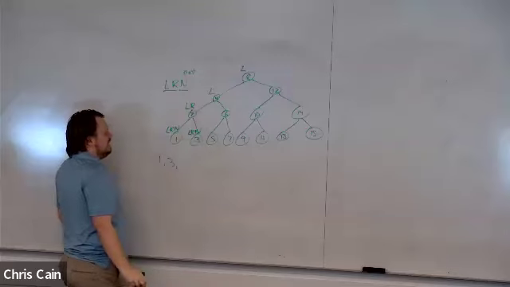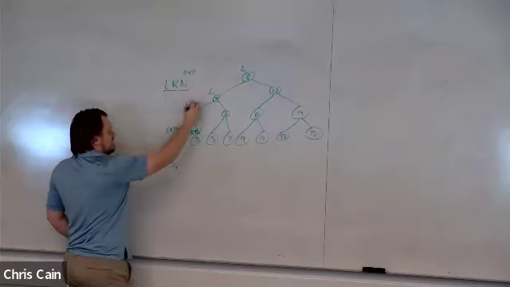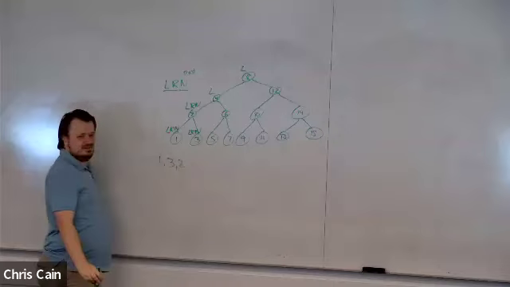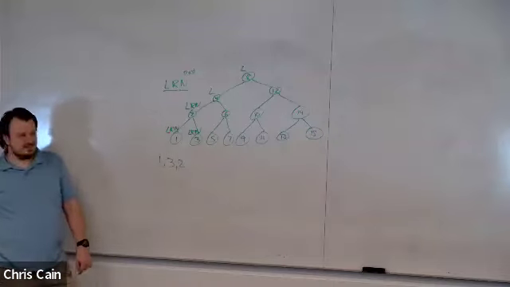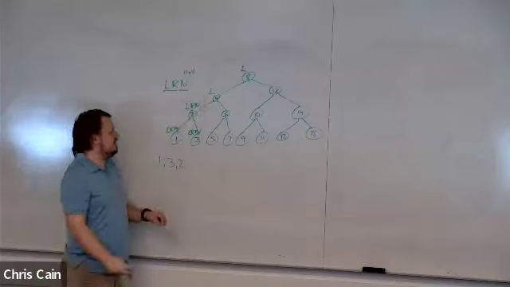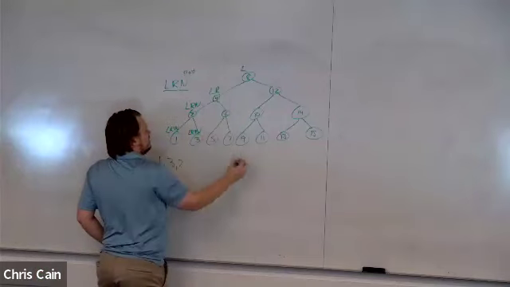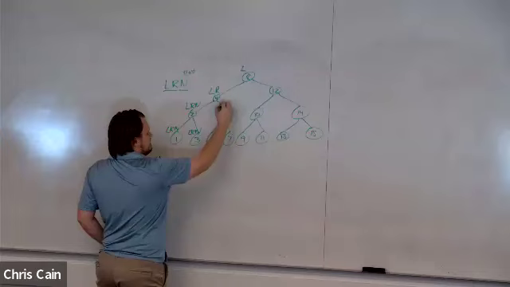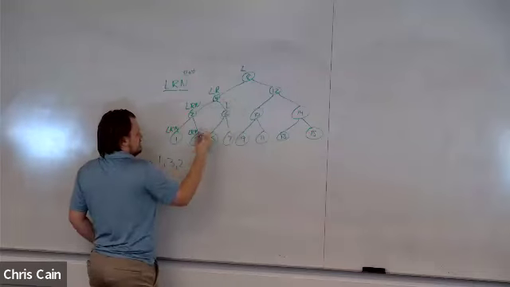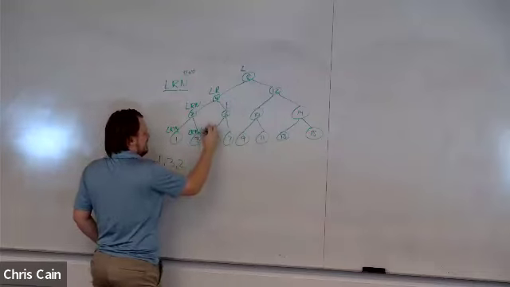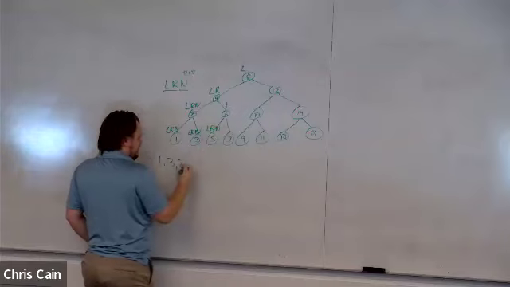Coming back, we've already done the L and the R, so the next thing to do is the N. Then we come back here, the next thing we do is go R. So we go right, the first thing we do is go left. There's no left, there's no right, but there is a node. We're going to output the node.